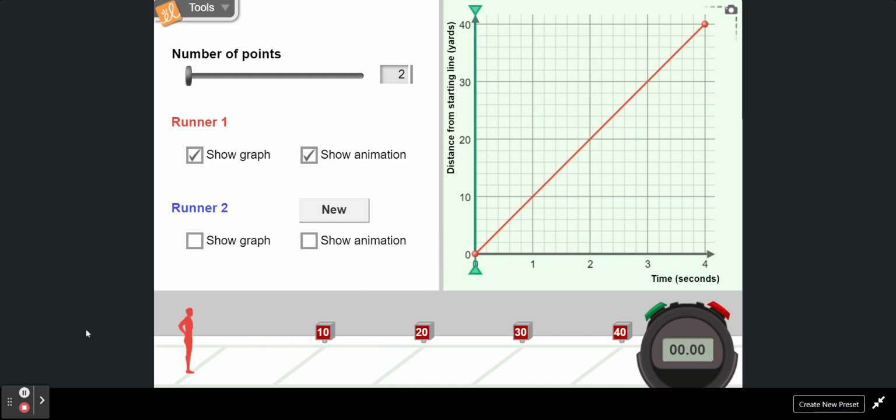Let's talk about distance time graphs real quick and what we're looking at. My distance time graph is starting at 0, 0. So 0 time, 0 distance, which means my person is facing from left to right. They're on the left of my screen, facing to the right. When I hit go, it's going to show that my person is continually going forward because my line is going from the bottom left to the top right.